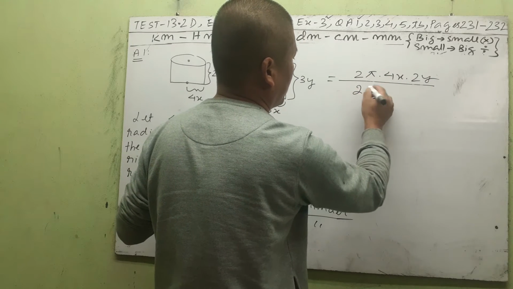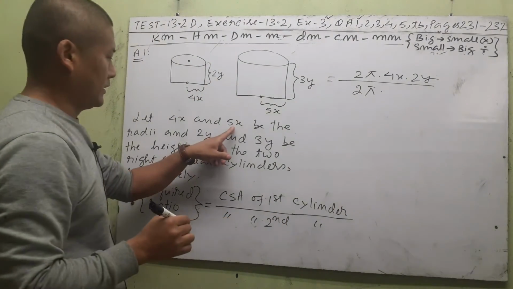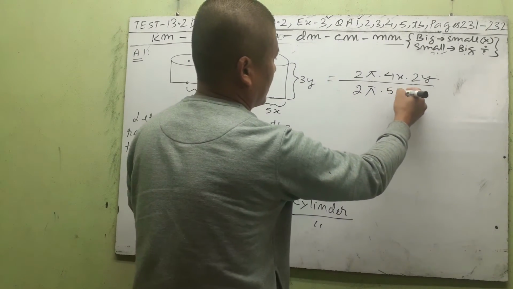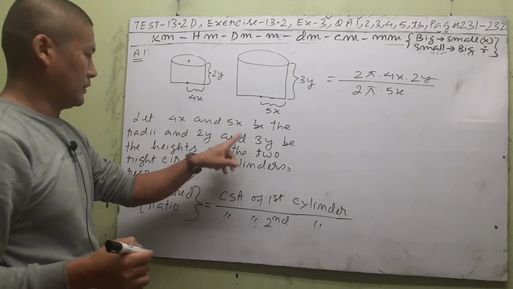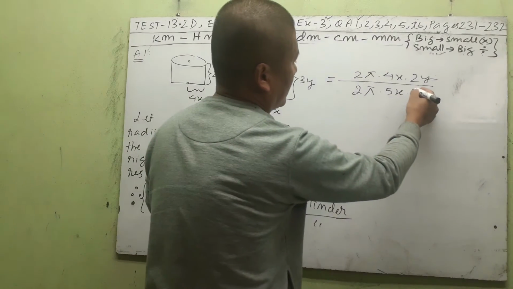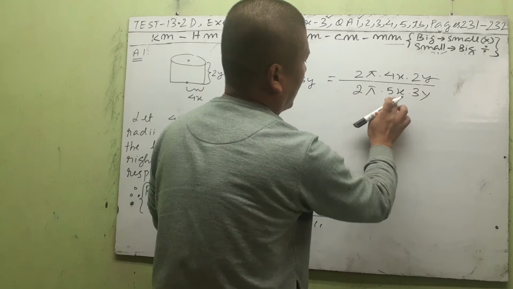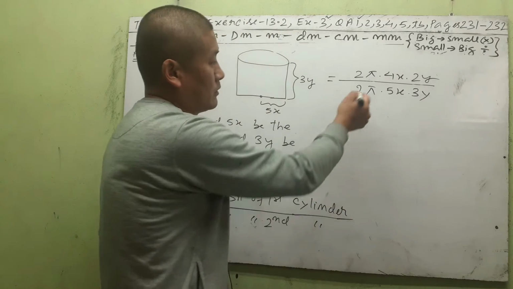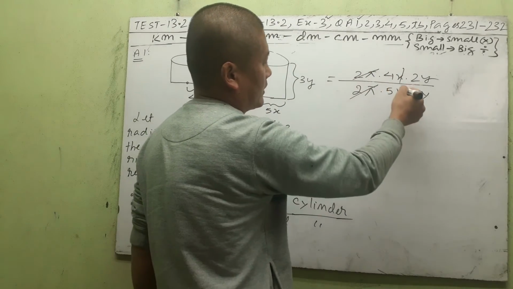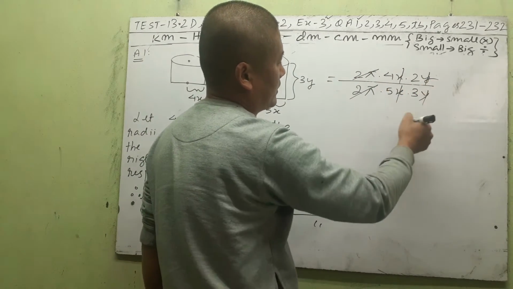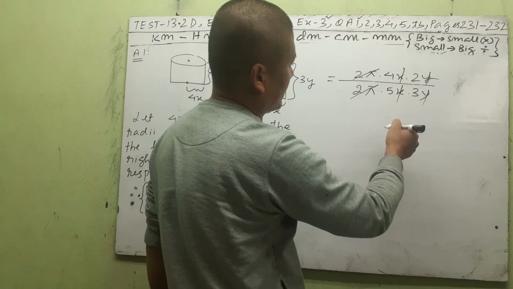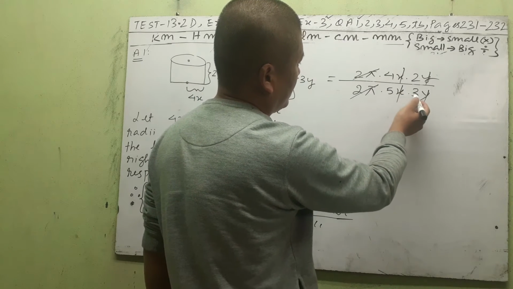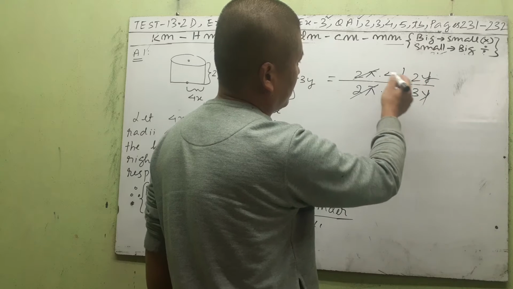Then second one, 2 pi, R of the second cylinder is 5x, and height of the second cylinder is 3y, 2 pi RH. So the 2 pi cancel. X cancel. Y cancel. Anything more to cancel? 3 doesn't go, 5 doesn't go with any of these 4 and 2.